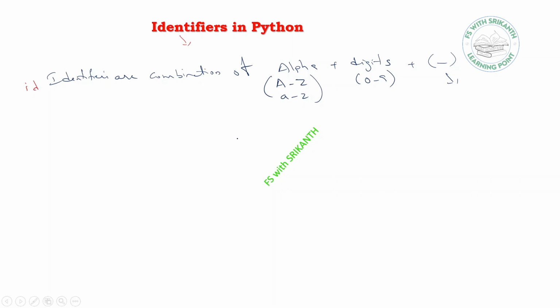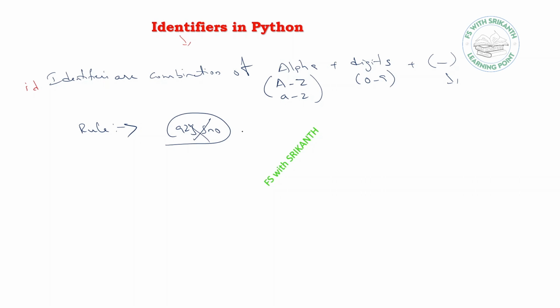Some rules we need to focus on. The first rule: while declaring your variable, an identifier should not start with any digit. So a variable name cannot start with digits, like 123 serial number; this way it is not allowed.